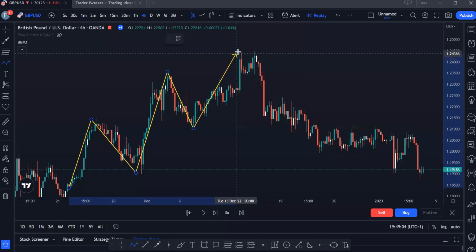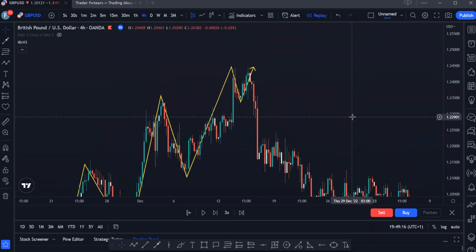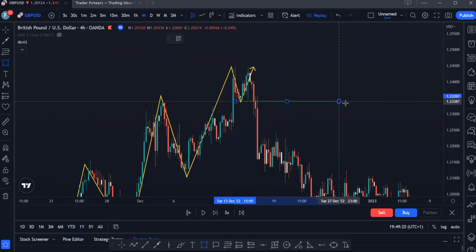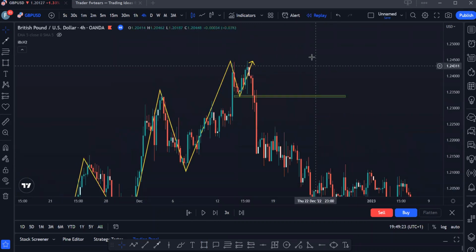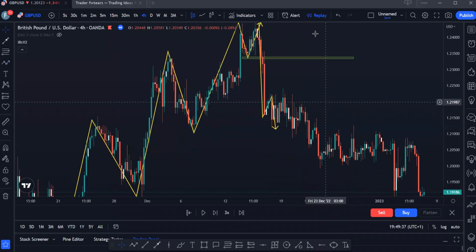This high is higher than the previous. Based on what I told you about price changing from uptrend to downtrend, this is the higher low, and then it got violated. Once it got violated, you have this impulse and correction. So this is a downtrend as of now.